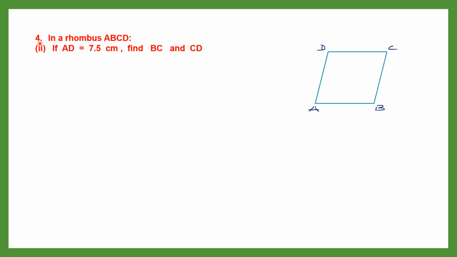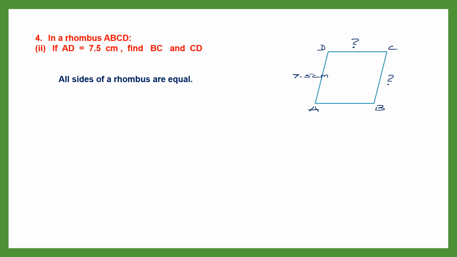Question 2. If AD is equal to 7.5 centimeters, find BC and CD. Now AD is this. AD is 7.5 centimeters. So we have been asked to find BC, that is this one, and CD, that is this one. Now we know that in a rhombus all sides are equal.